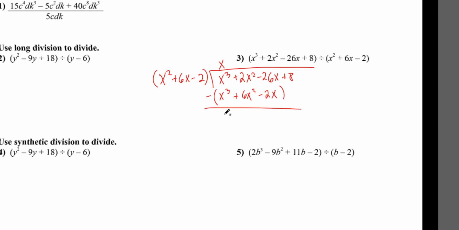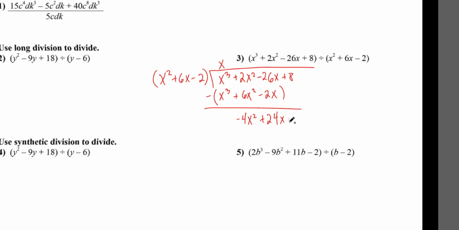All right, let's bring everything down. Remember, we're subtracting all this. x cubed minus x cubed is 0. 2x squared minus 6x squared is negative 4x squared. And then right here, negative 26 minus a negative, which is plus, so it's negative 26 plus 2, which is 24x.